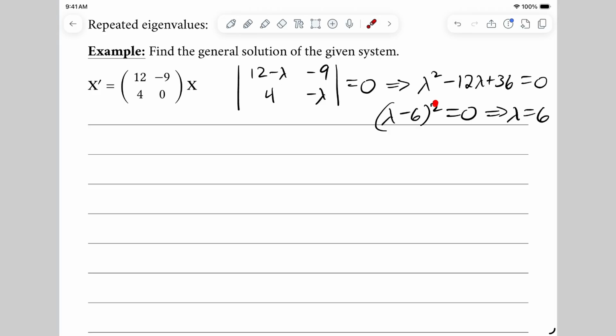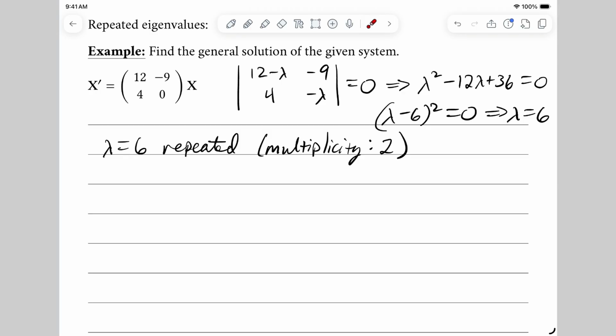That exponent on the factor of lambda minus 6 is what makes the eigenvalue repeated. This is lambda equals 6 repeated, and in particular we would say that the multiplicity is 2. Technically it's the algebraic multiplicity. All you care about is that it's 2.